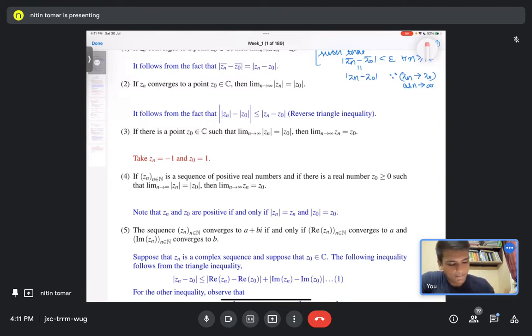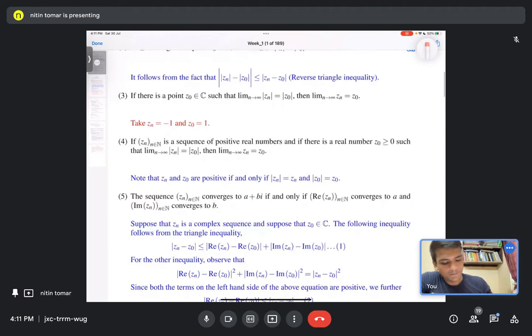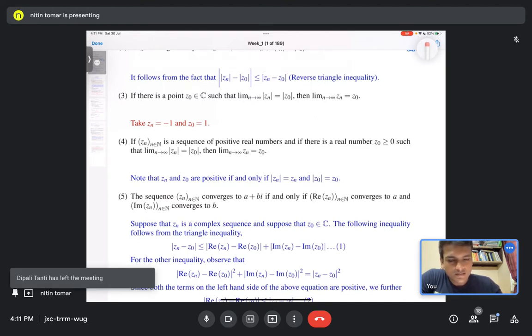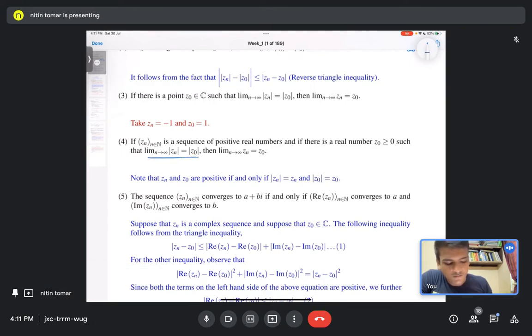Now for the fourth part, if Zn is a sequence of positive real numbers, and there is a positive real number Z naught such that the limit of mod Zn equals mod Z naught, does this imply Zn converges to Z naught?